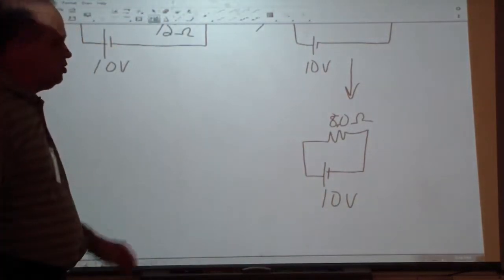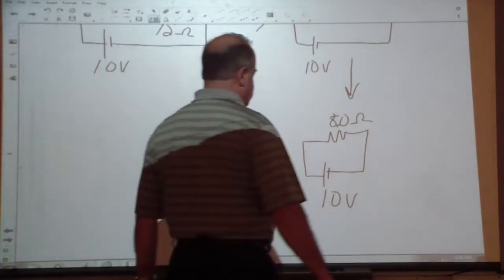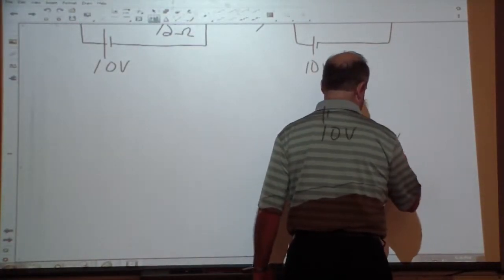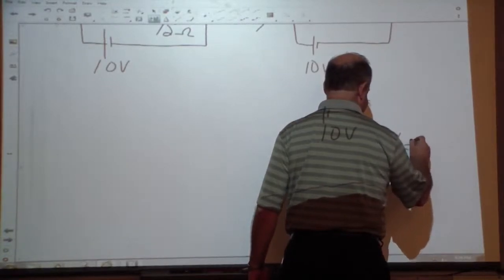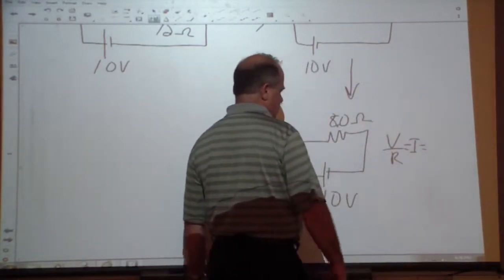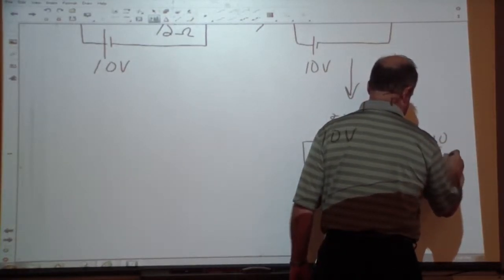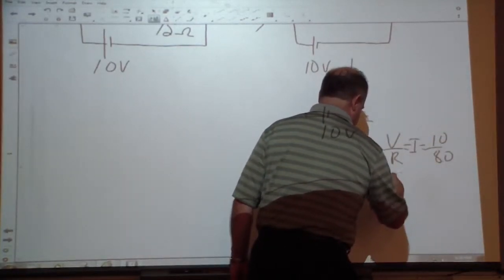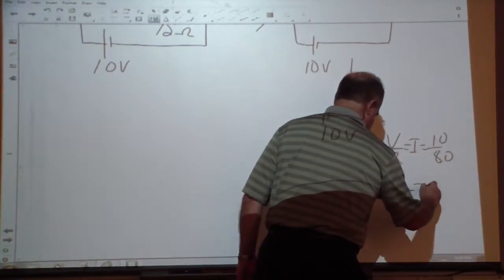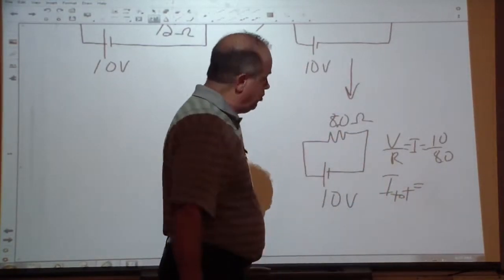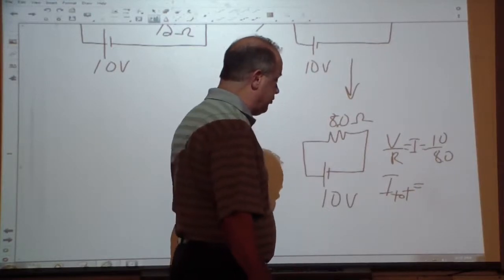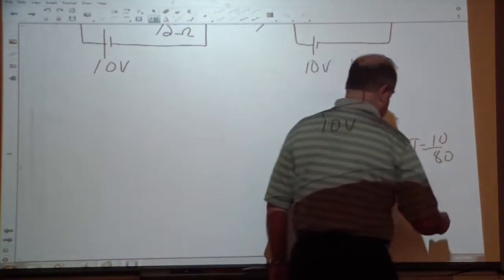Now, once you get your R_eq, get your total current. So V equals IR. So V divided by R equals I. Which is going to be what? 10 divided by 8. So therefore, your total current is going to be, let's see, 1.25 rounded, 1.3.